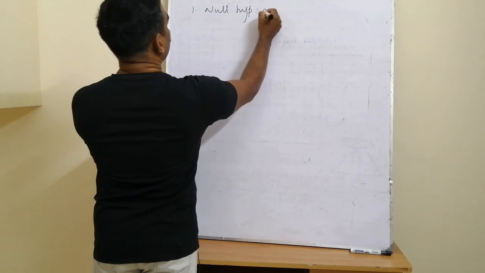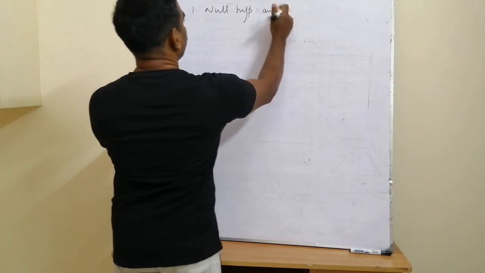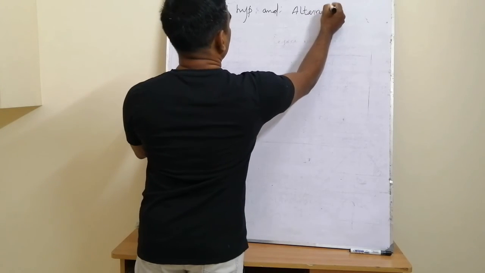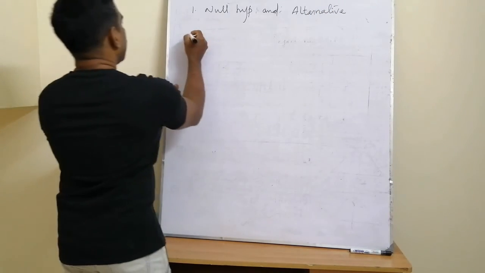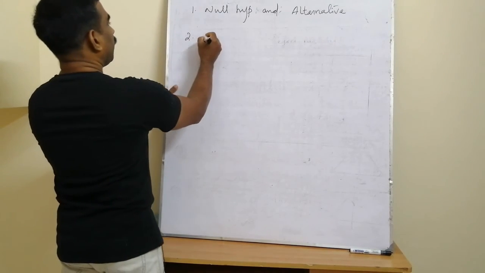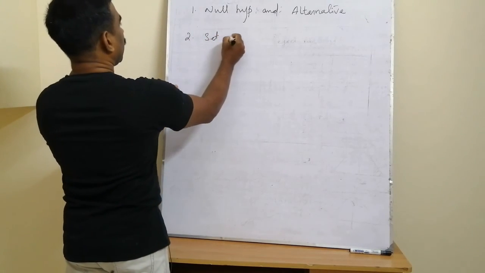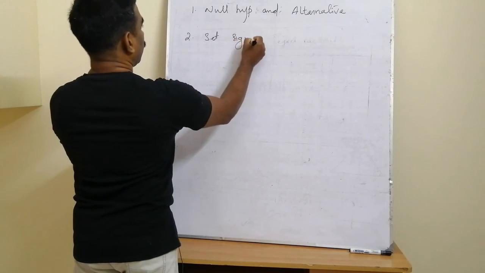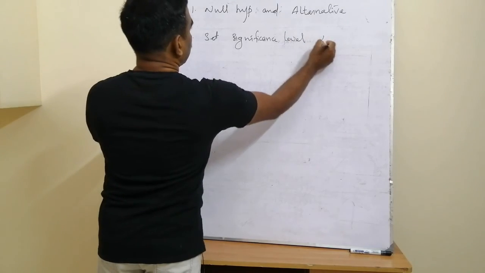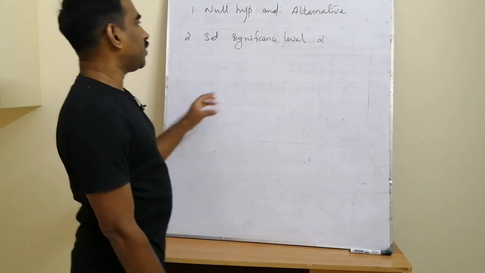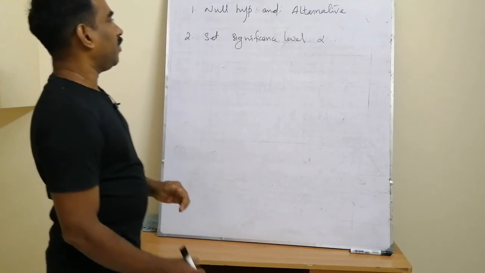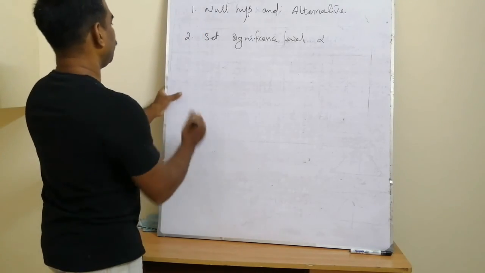And the second part is, for arriving at a conclusion, we require some significance level. Set the significance level alpha. If it is not specified, usually we take this alpha as 5%. Otherwise, it may be 1% or 5%, etc.